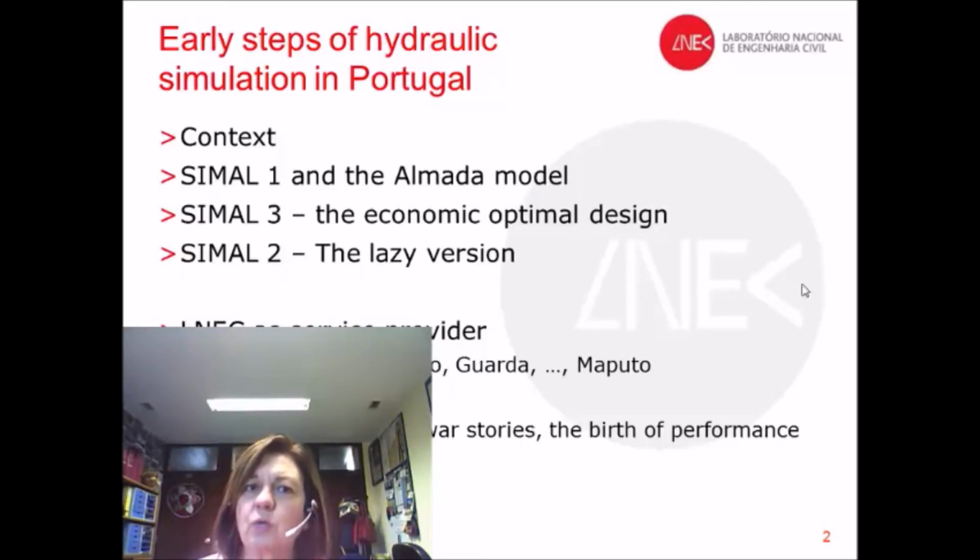The way it worked was basically the optimization process. He was working with a continuous range of diameters, and at the end of the process, he converted the economic diameters to the commercial existing diameters.